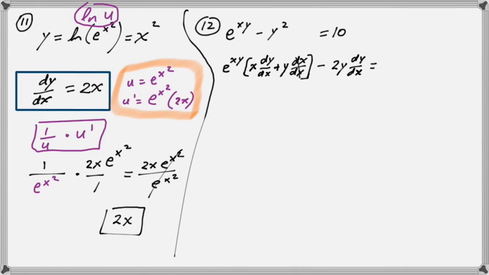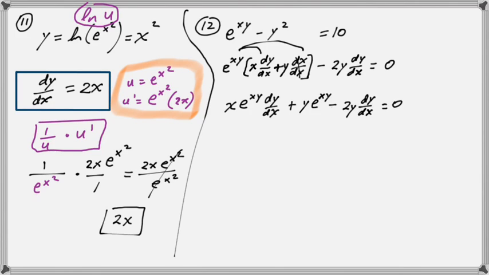Because it's a y, you put dy/dx. The derivative of a constant is 0. I see that there's an addition here. That should clue me in that I might have to distribute. So you get x e to the xy dy/dx, plus y e to the xy, minus 2y dy/dx equals 0.